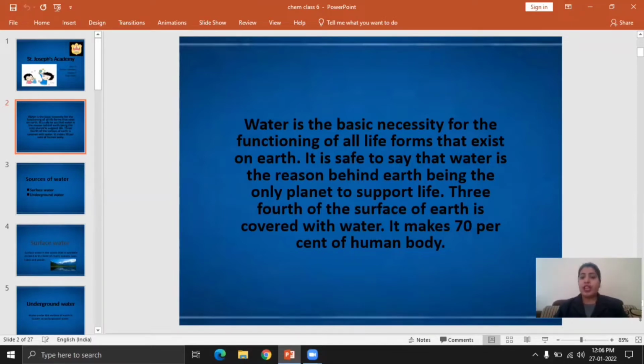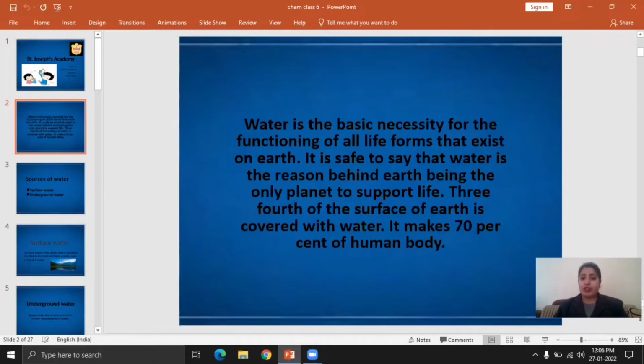All the life forms on earth are possible because of the presence of water. It is safe to say that water is the reason behind earth being the only planet to support life.